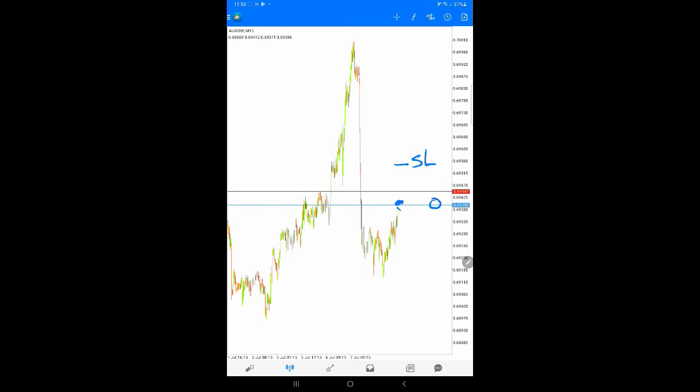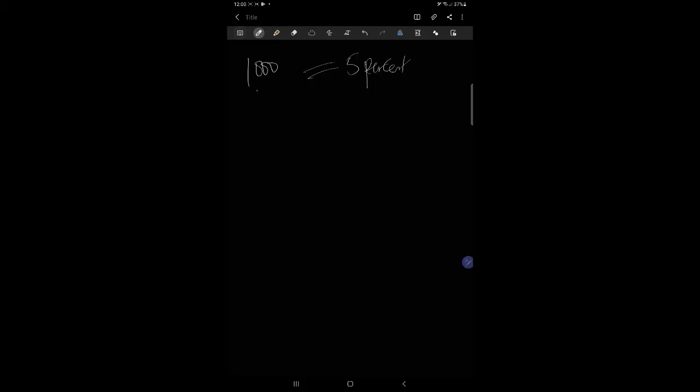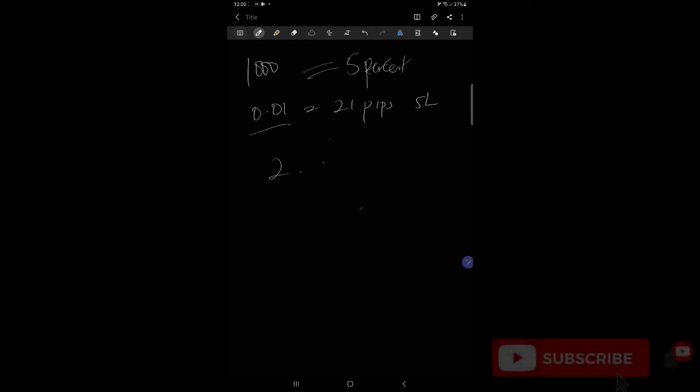If the pips gave you 21 pips, that means the risk you can take on your equity, which is $1,000, with a 0.01 lot and a 21 pips stop loss, you're going to be risking, remember 0.01 is 10 cents per pip, right? So I guess we're risking $2.10.